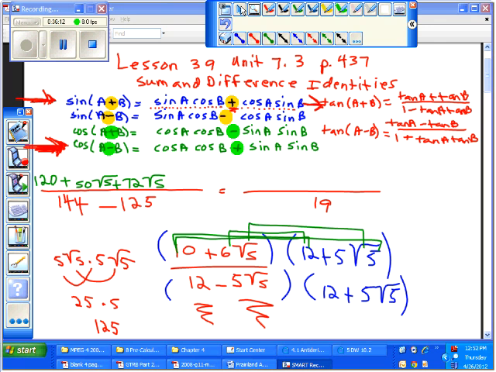Lasts, 6 square root 5 times 5 square root 5, right? 6 square root 5 times 5 square root 5 is 30 times 5, which is 150. Square root 5 times square root 5 is 5, so plus 150.